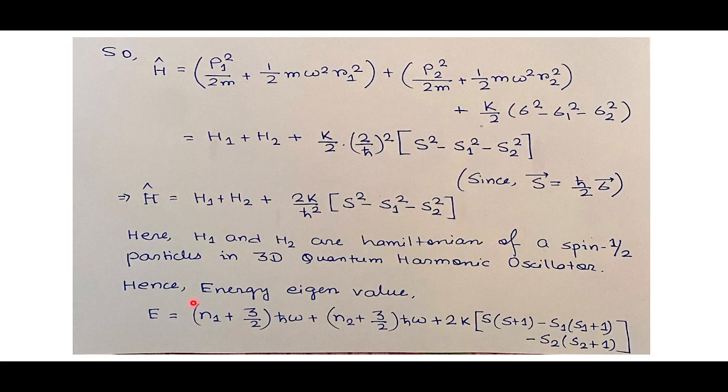The sum of that I have written as N1, and for the second electron, the second spin half particle, N2. For the ground state, you have to consider the set 0, 0, 0 for nx, ny, nz for both cases. So the sum will give you N1 equals 0 and N2 equals 0.